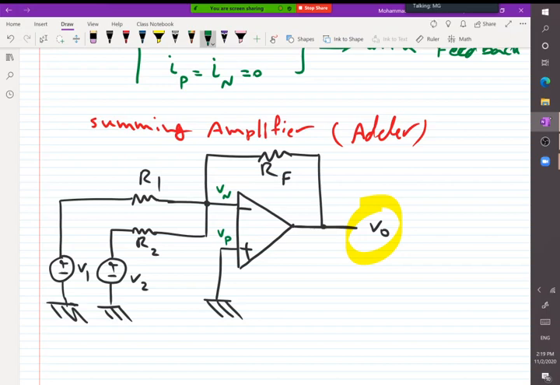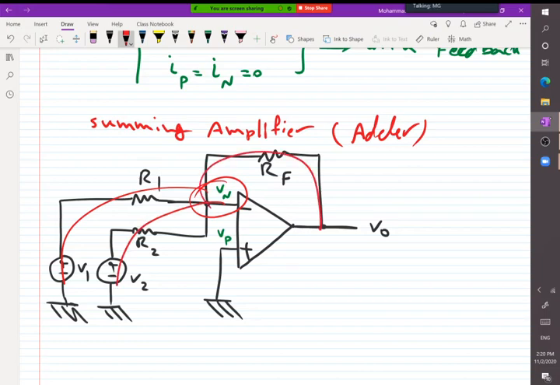Okay, let's solve the circuit. First, we look at the two inputs, Vp and Vn, and see which one is known for us. What is the value of Vn? I don't know, because it's connected to V1, it's connected to V2, it's connected to the output.